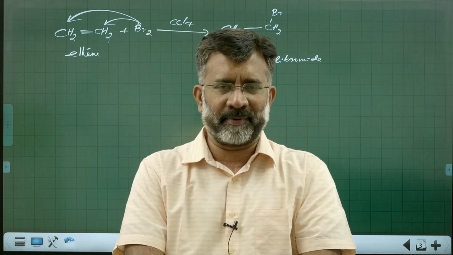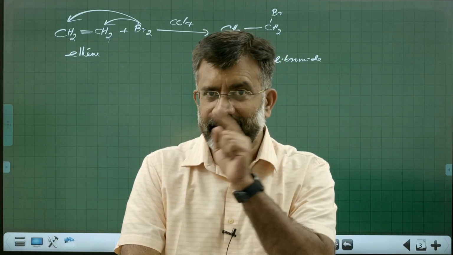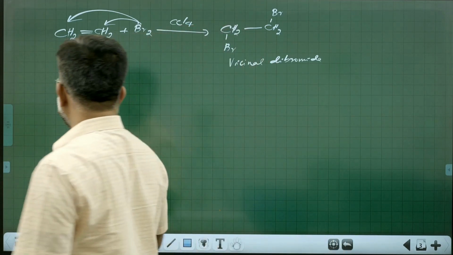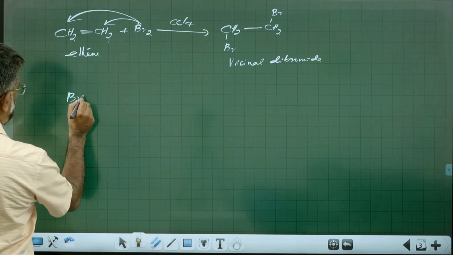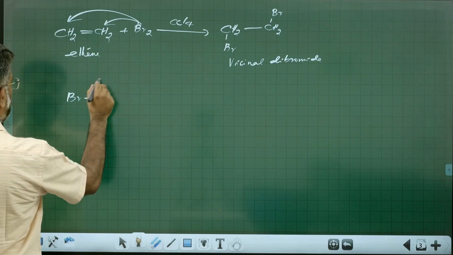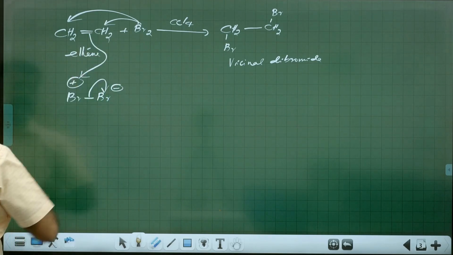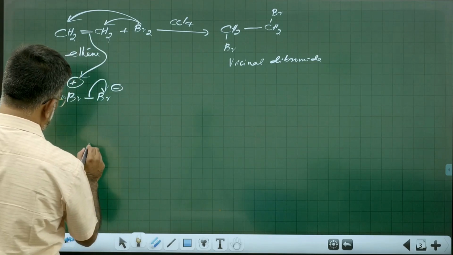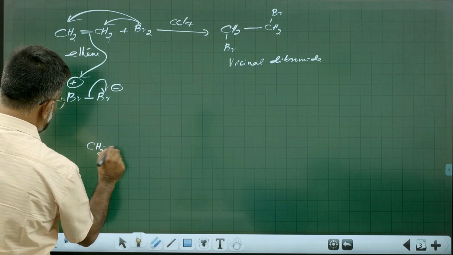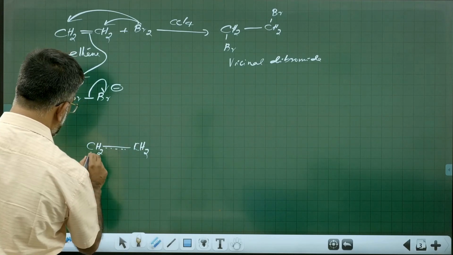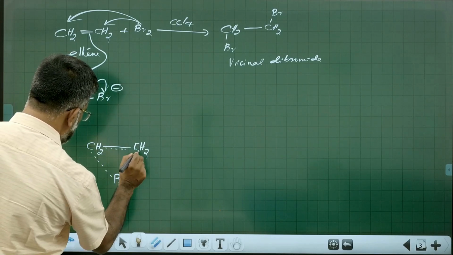Very important point: it is an anti-addition following a cyclic bromonium ion. In fact, the double bond is polarizing bromine as minus and plus. This plus bromine is attacked from one part of the molecule, and you get a cyclic bromonium ion formation.